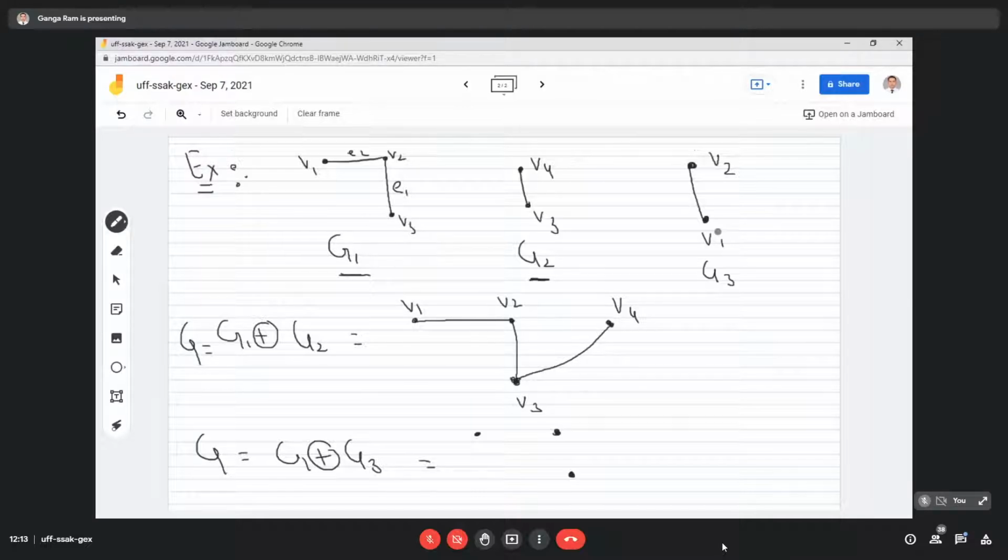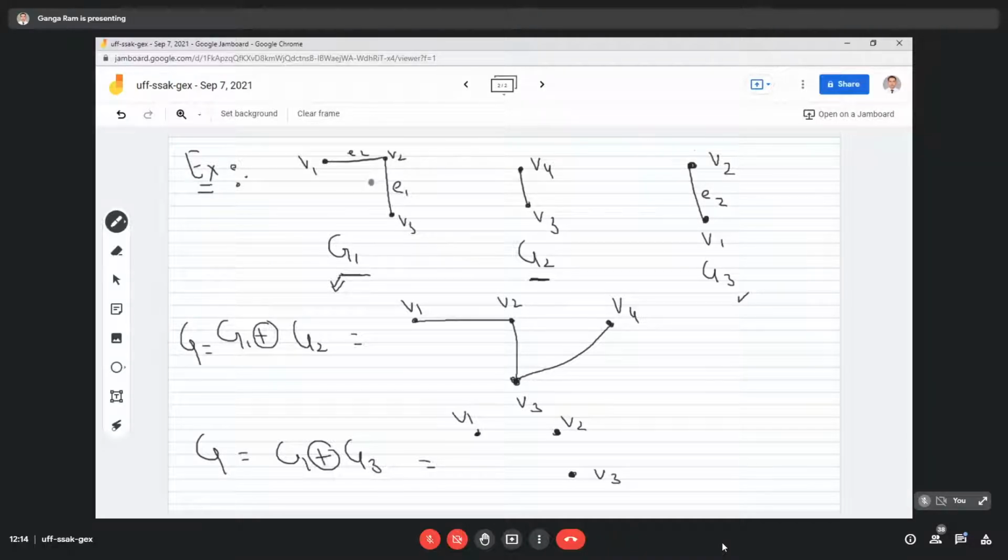These are three: V1, V2 and V3. And you will take only those edges which are in either G1 or G3 but not common. In this case you can see that edge V1 and V2 is common, it is basically represented by 2.